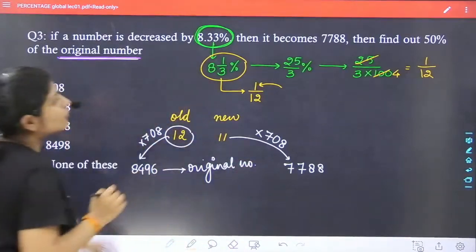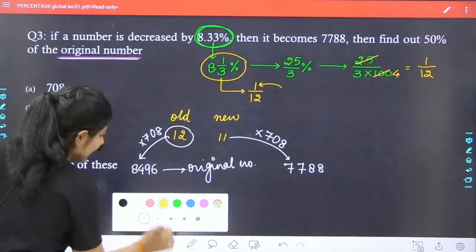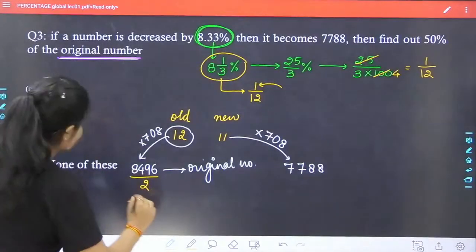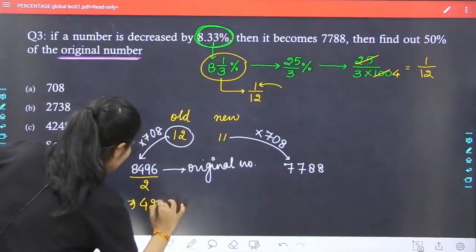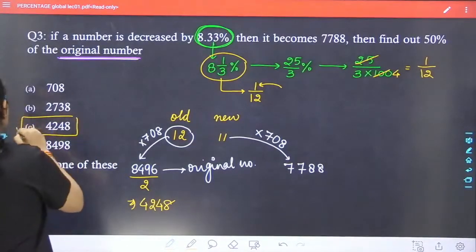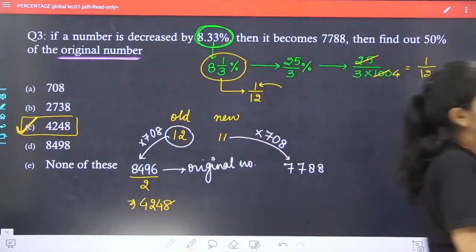Now I have to calculate the 50% of that. That means I have to multiply it by 1 by 2. So I'll get my answer as 4248, that means option number C is the correct answer.